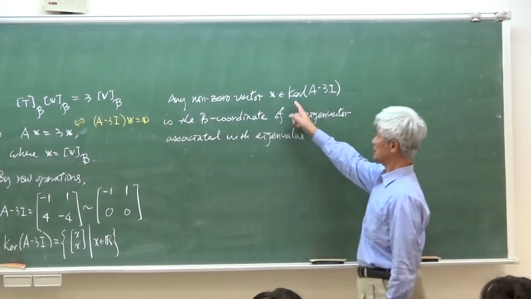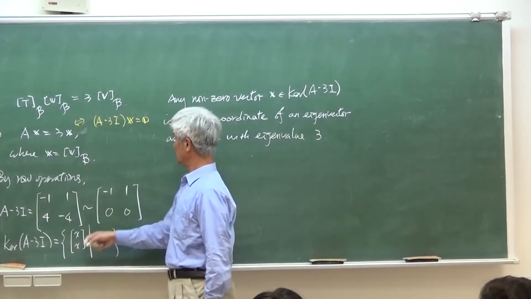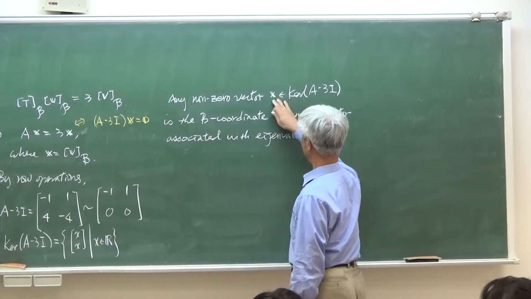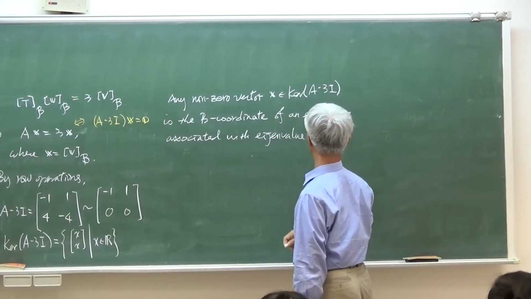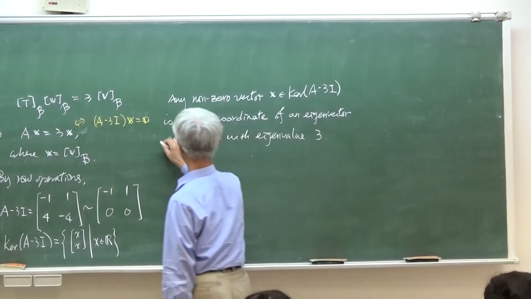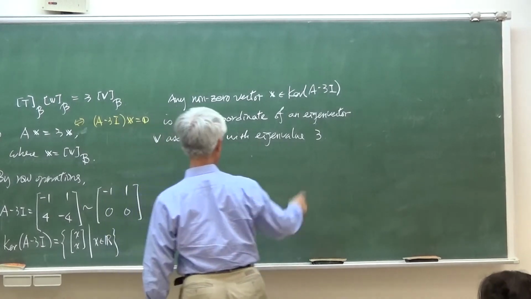Alright, so the kernel is the B coordinate of an eigenvector for the eigenvalue 3.